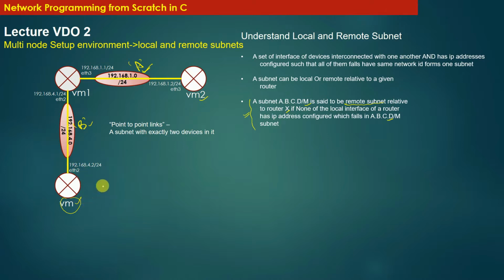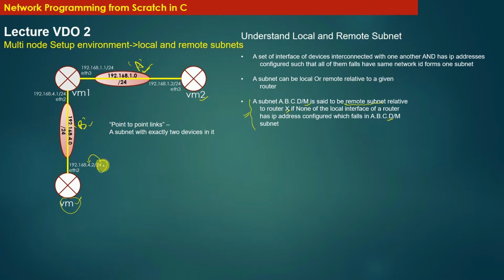router VM has no interface on which an IP address and mask value are configured such that after applying the mask value on the IP address, the network ID A is obtained.